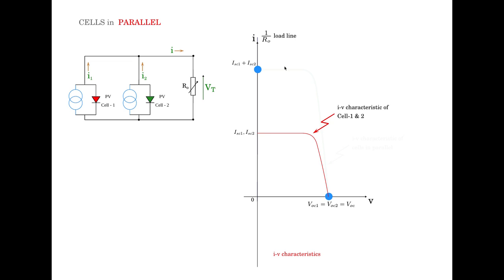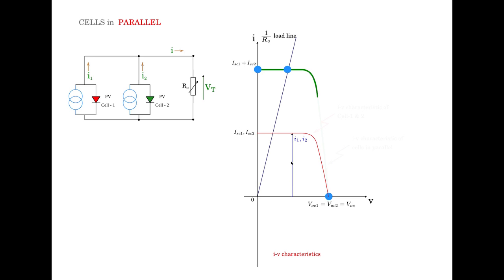Before that, let us see what happens when you pan the load line, 1 by R0 line, from the short circuit condition down to the open circuit condition. So if you take one arbitrary load point and corresponding load line like this, the R0 is now finite, not a short circuit, nor is it open, and the load line is like this. This is the operating point. The current here is basically this height.